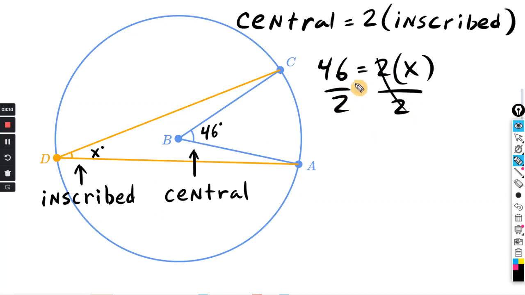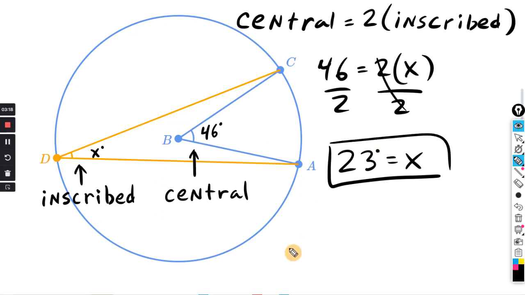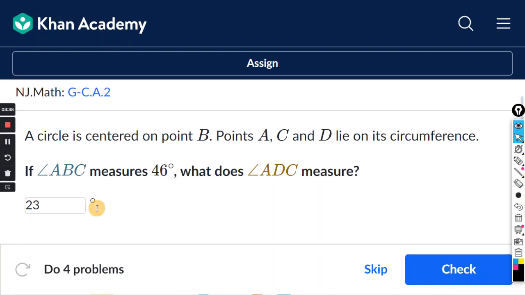The 2's cancel, and 46 divided by 2 is 23 degrees. Do you have to go through this every time? No, we know that the inscribed angle is just half of the central angle. So we could have just said 1/2 of 46 equals 23 degrees. Same thing. 23 degrees right in the box.